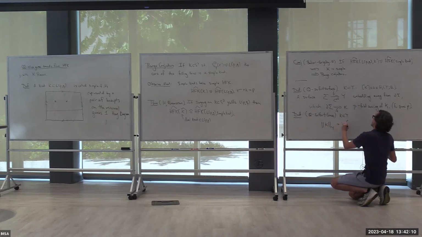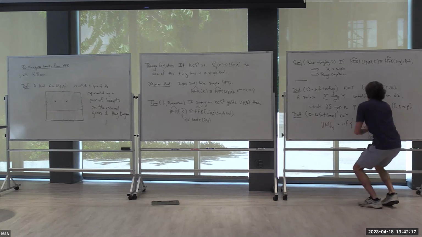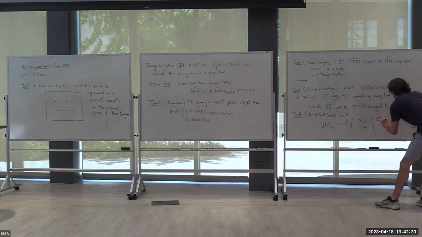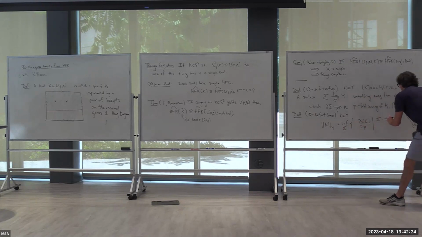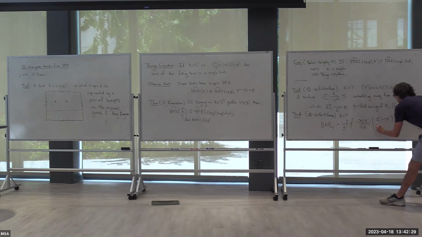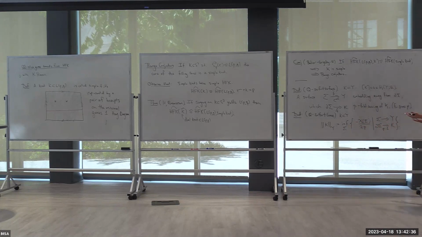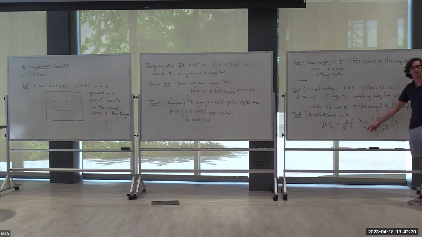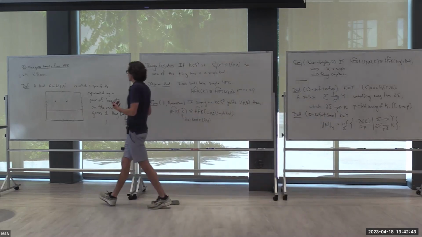This is going to be the infimum of negative Euler characteristic of Sigma over 2p, where this is the infimum over all Sigma, where these are Q Seifert surfaces. So I'm dividing by the order of that covering.